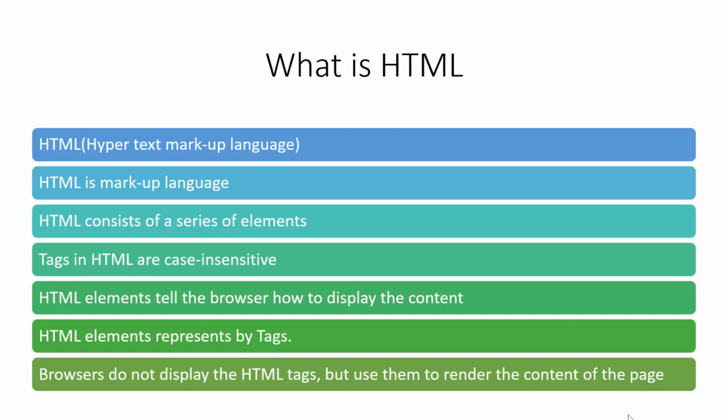HTML elements represent text, and the browser does not display the HTML tag but uses them to render the content of the web page. So whatever code we are writing inside the angle brackets or in between the tags, only the content displays in the browser. The tag text itself doesn't appear in the browser.